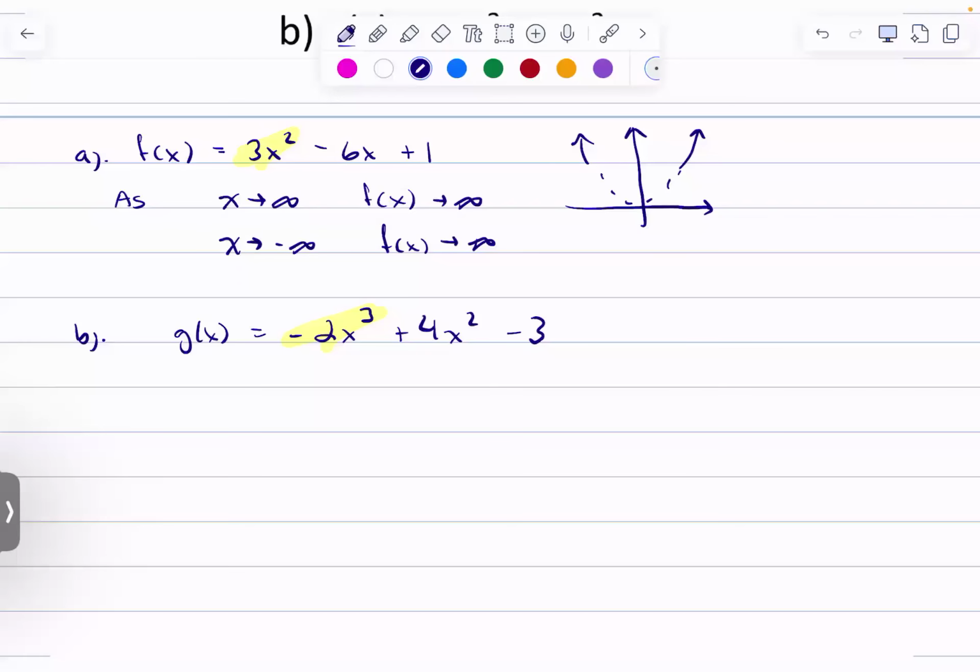And sometimes I find that it's easier if you just do a quick graph of x to the 3 and then imagine it flipping. But if you're comfortable, you can just start to sketch it out like this.